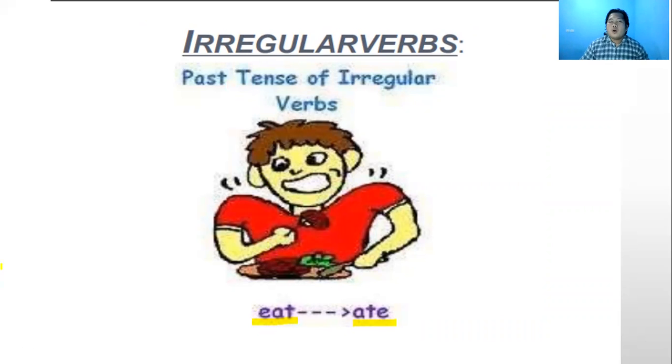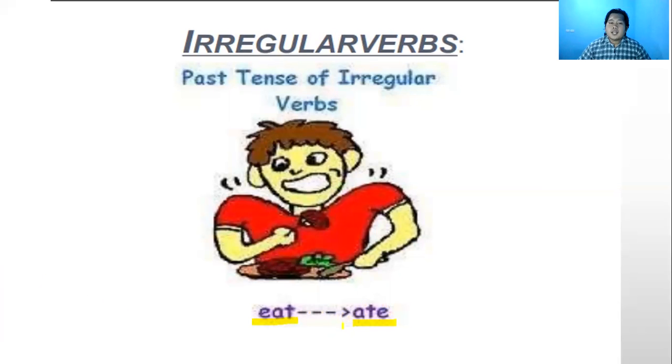Now, what can you observe from the example? Can somebody guess? Can you describe what happened to the verb? Okay, good. The spelling was changed from eat to ate.